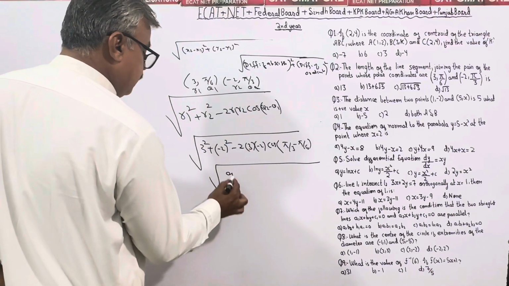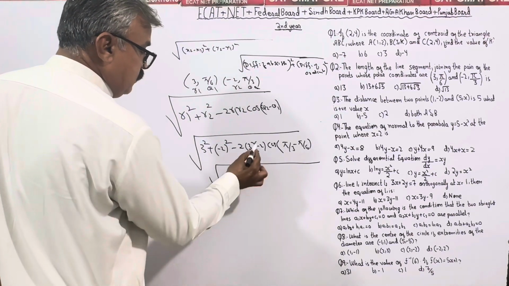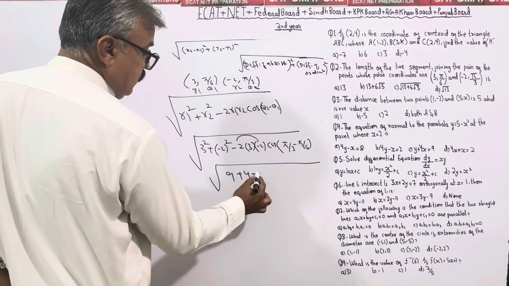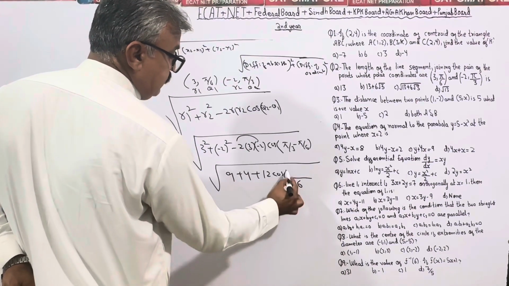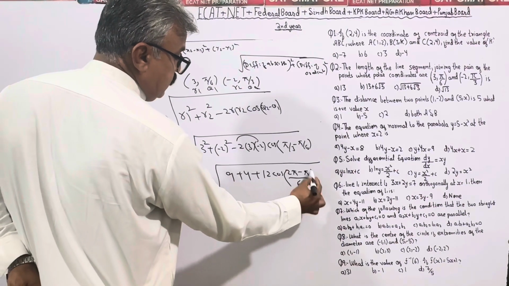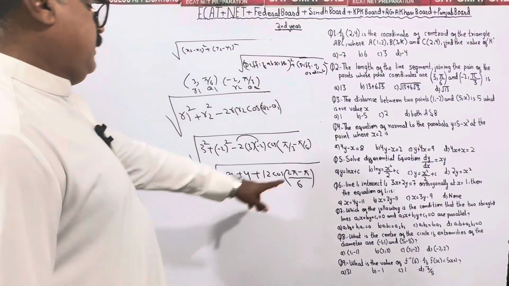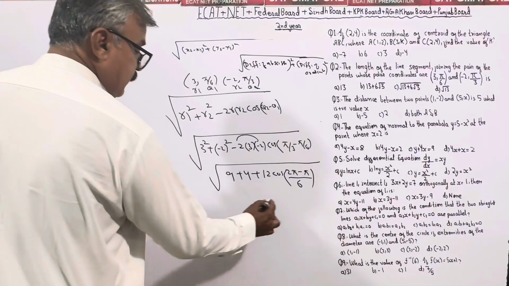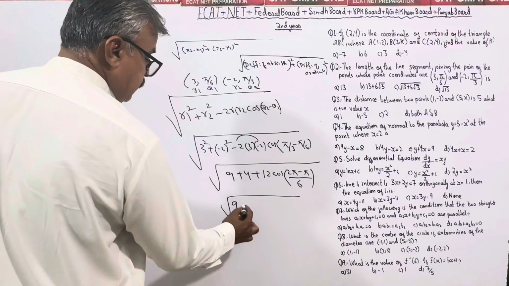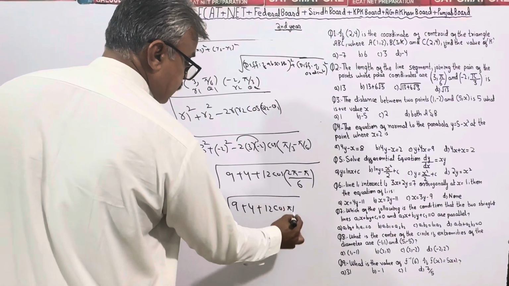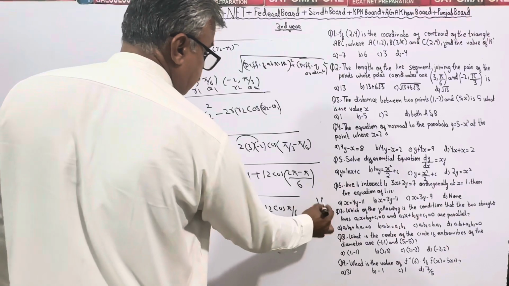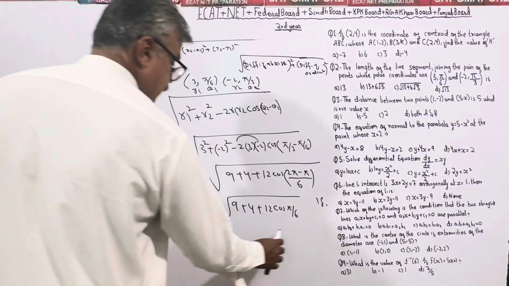The square of 3 is 9. The square of negative 2 is positive 4. Minus times minus becomes plus, so it will become 12. Here take the LCM, 6 is the LCM: 2 pi minus pi. What remains is cos of pi over 6, which is 180 over 6, 30 degrees. We have 9 plus 4 plus 12 times cos pi over 6.